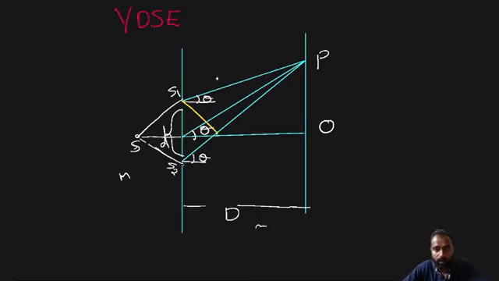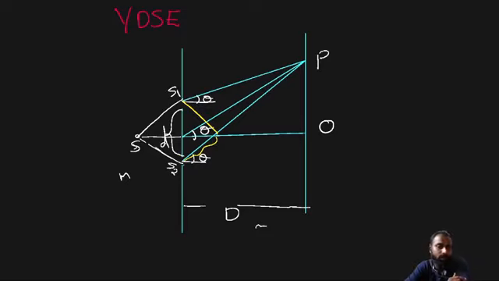After this line, these two rays travel an equal distance. This part is the extra path traveled by the S2 ray, from S2 to P. It is the extra distance traveled by the second ray.